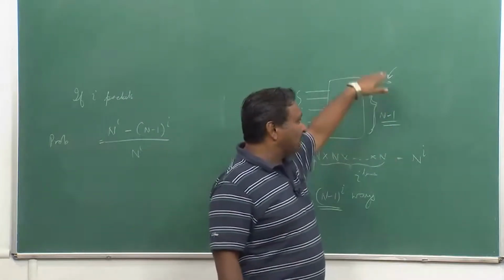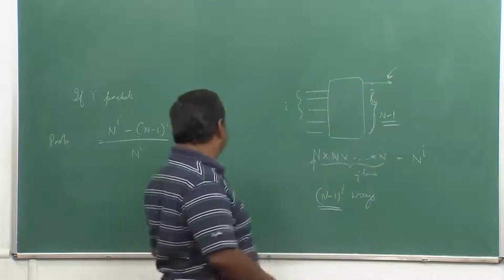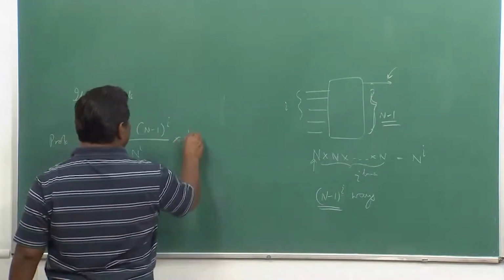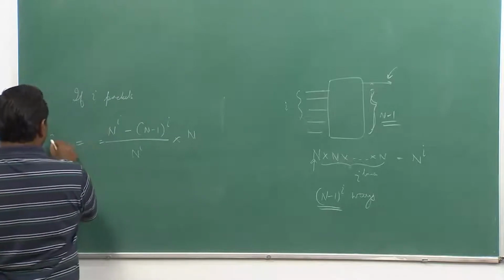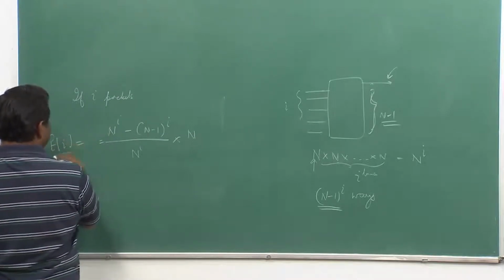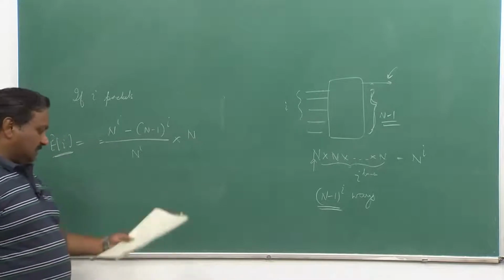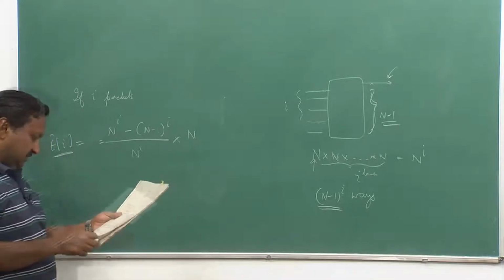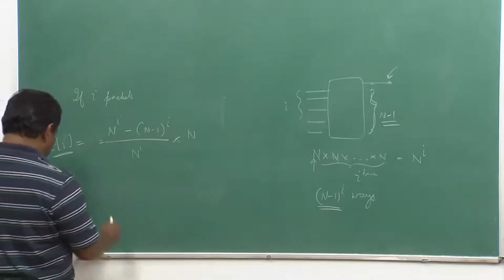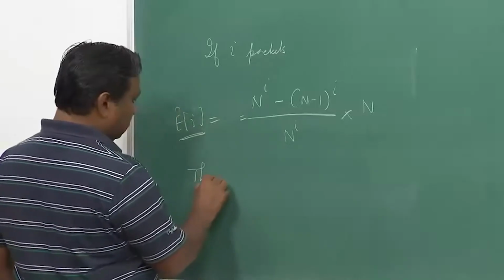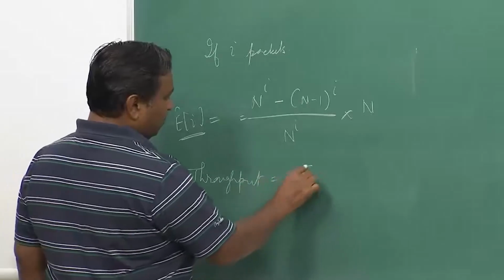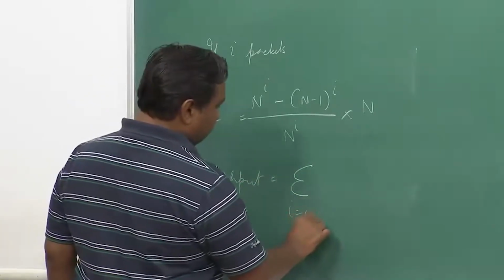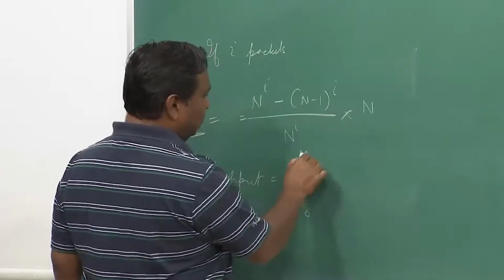There are a total of n ports. So, this must be raised power n, which will give me E I. Okay. So, I can now use this to compute the throughput. So, throughput is the summation where I can go from 0 to m.